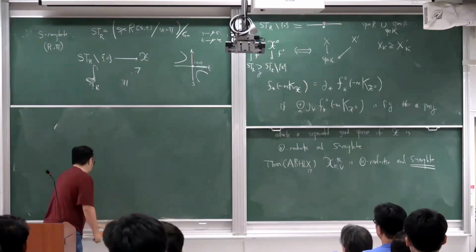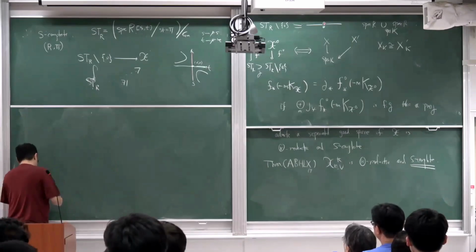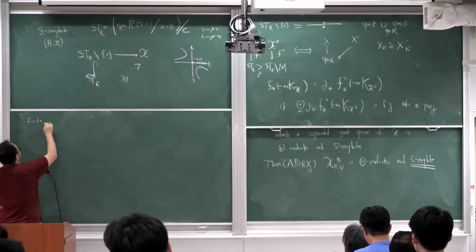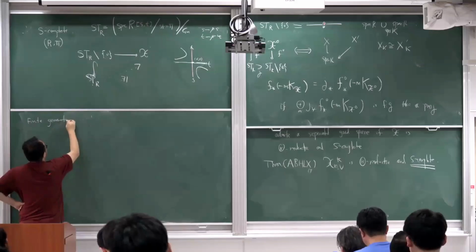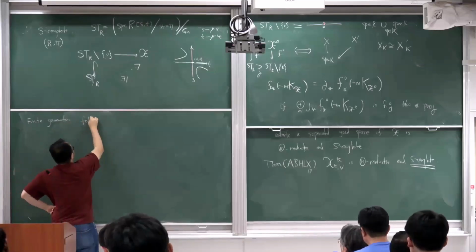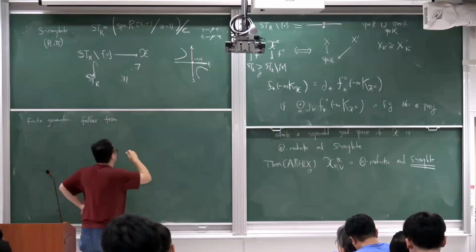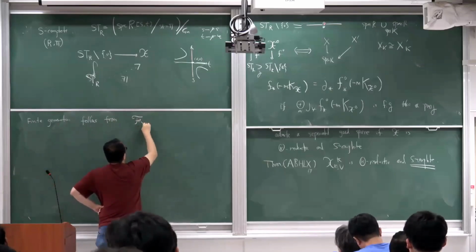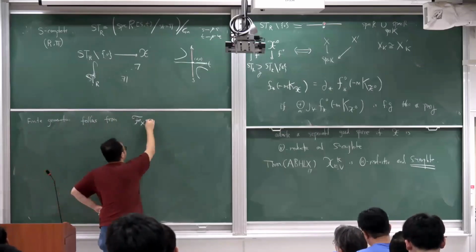So finite generation follows from the fact that if I look at the filtration induced by vanishing order of x0.